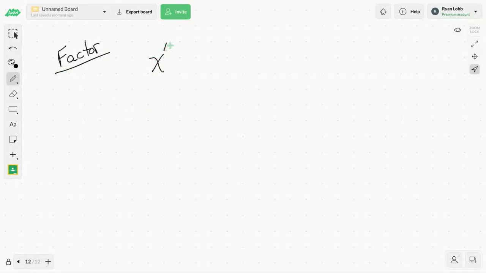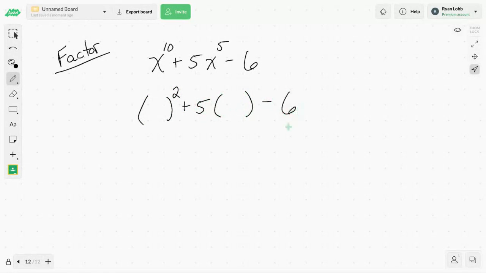Factor x to the 10th plus 5x to the 5th minus 6. When you look at this initially, it should look like a quadratic form almost already. I have 3 terms, okay? And if it's quadratic form, then just like we did with some of those factoring patterns, I want to think, can I write stuff in parentheses that's the same?